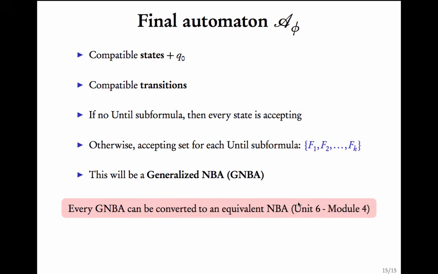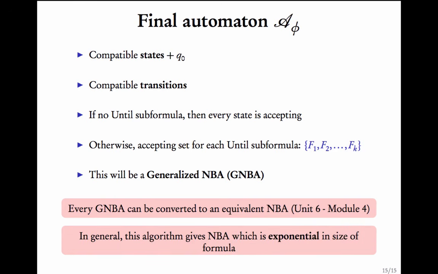We have seen in Unit 6, Module 4 that every generalized Büchi automaton can be converted into an equivalent Büchi automaton. You could refer to this module to see the procedure. In general, the algorithm that we have mentioned could give automata which are exponential in the size of the formula. Because what we do is that we list down the subformulae and then we look at all possible values.